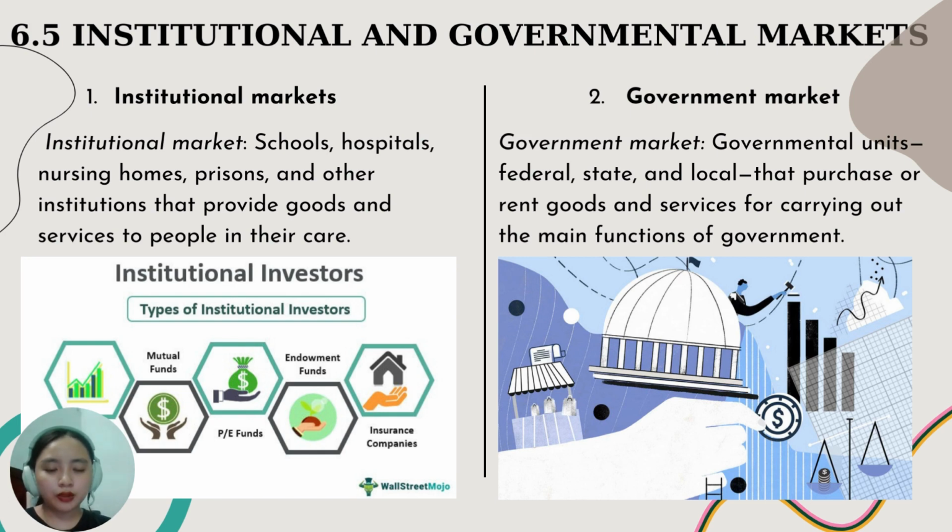Second is the government market. Government markets include government units, federal, state, and local, that purchase or rent goods and services for carrying out the main functions of government.